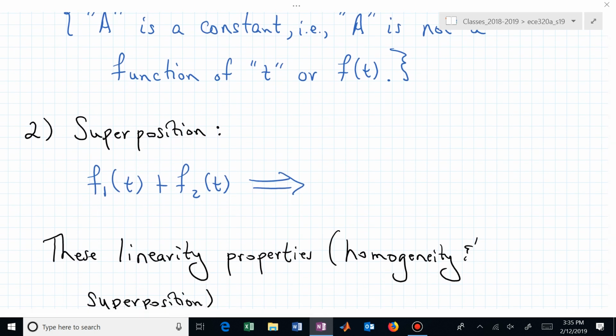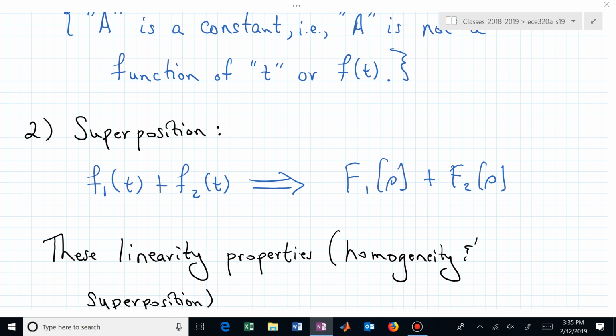The other property, which I think you can guess what happens on the other side of that implication symbol: if we now add two waveforms in the time domain, the superposition property of the Laplace transform allows us to do the same exact combination in the frequency domain, meaning superposition allows us to combine these transformed waveforms in the frequency domain in the same way that we did in the time domain.